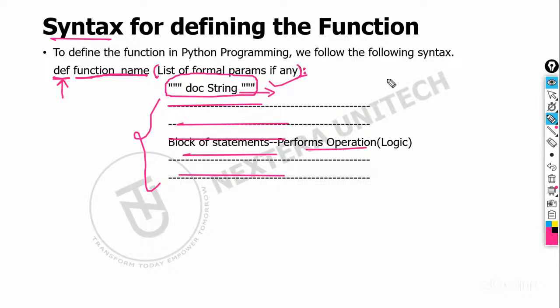How many parts do we have in a function? We have two parts: the first one is function definition, and the second one is function call. We also have understood the syntax for defining a function.